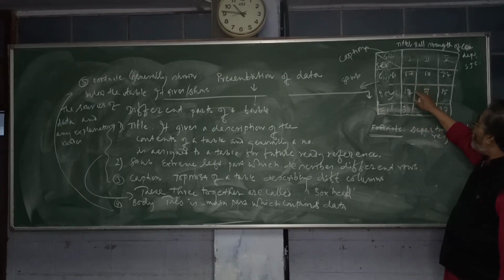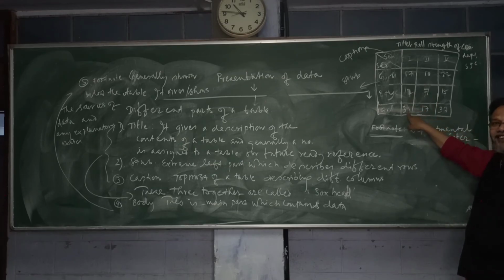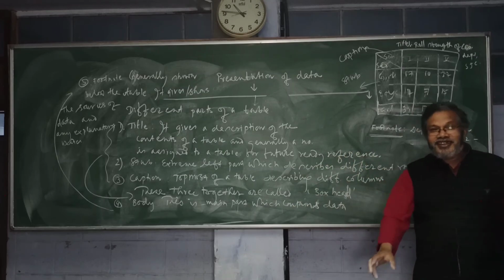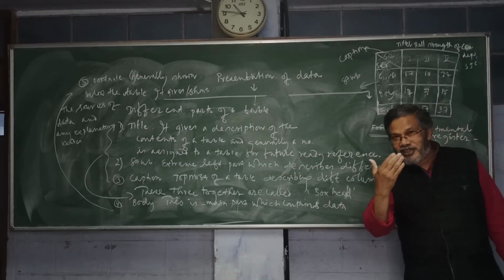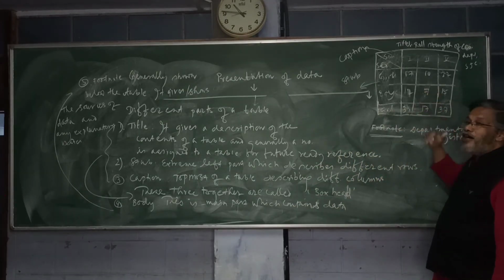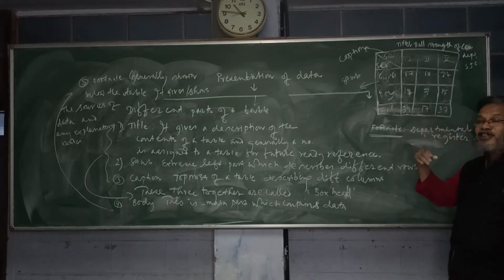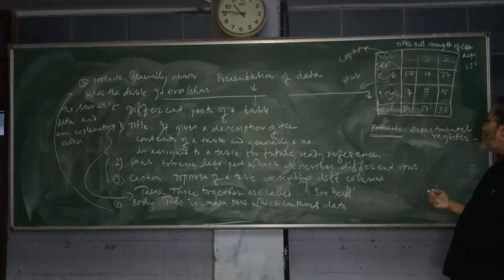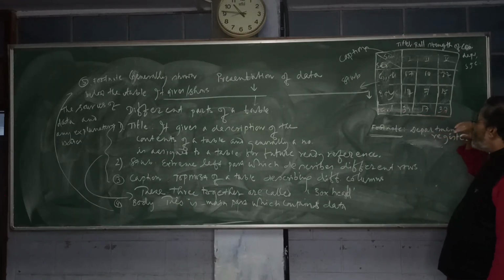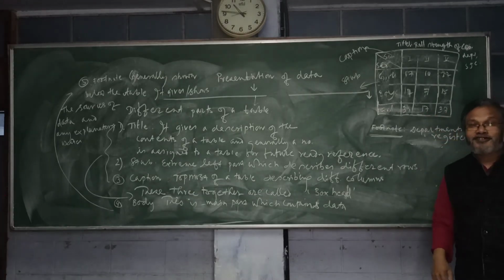Then there is something wrong either here or here or here. Maybe some error is there, which we can detect through our eyes. That's why errors and omissions, if any, can be easily detected through the table representation.